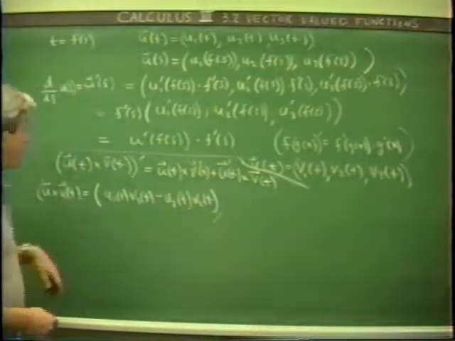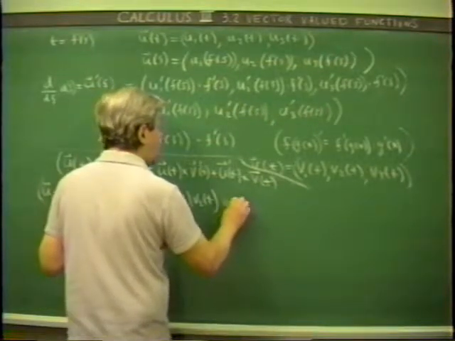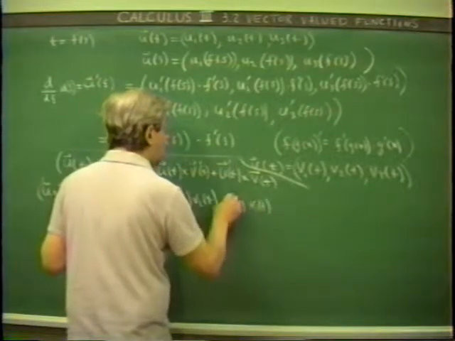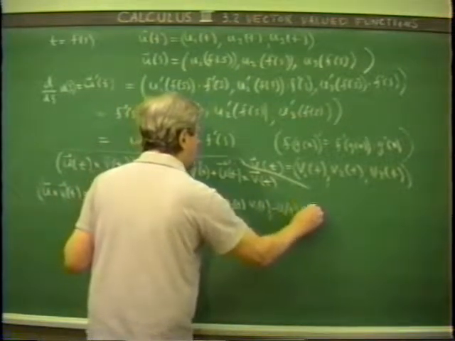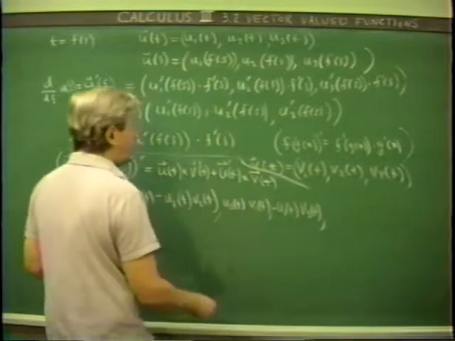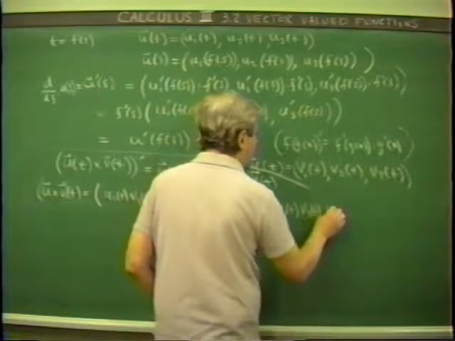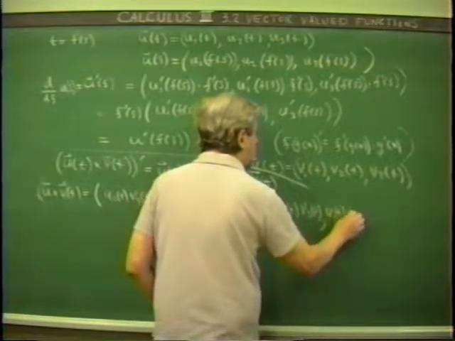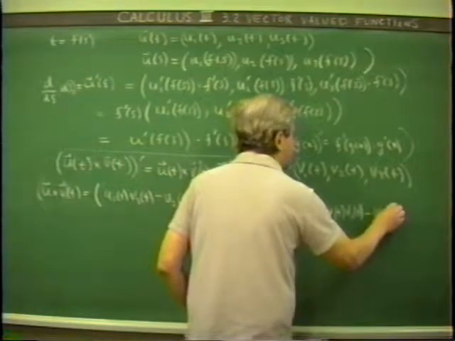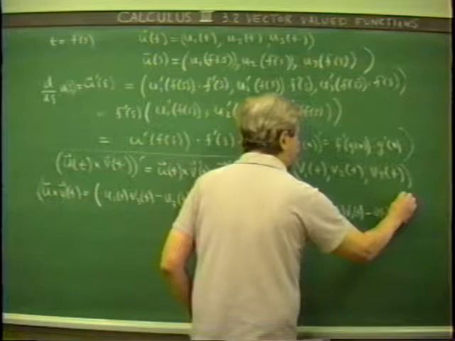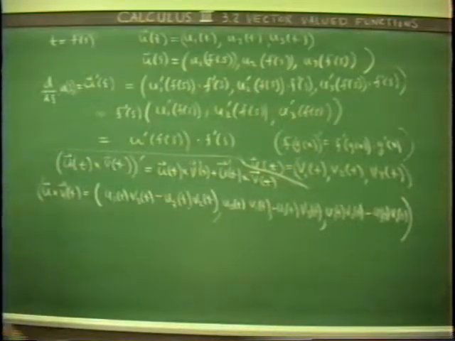The second component is going to be u3 v1 minus u1 v3. And the third component is going to be u1 v2 minus u2 v1, all evaluated at t. So there's the cross product of u with v.